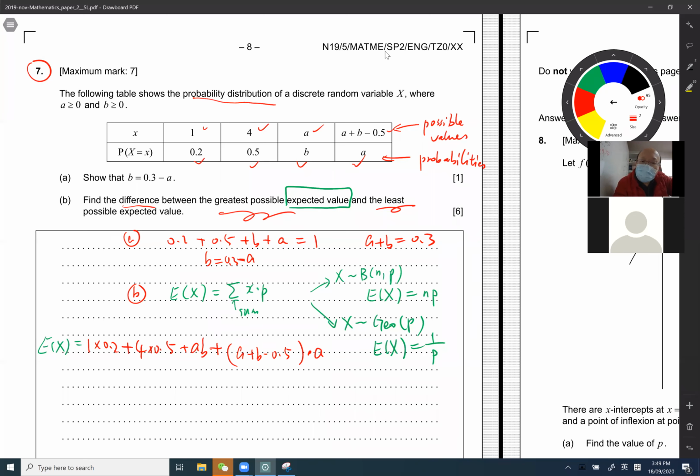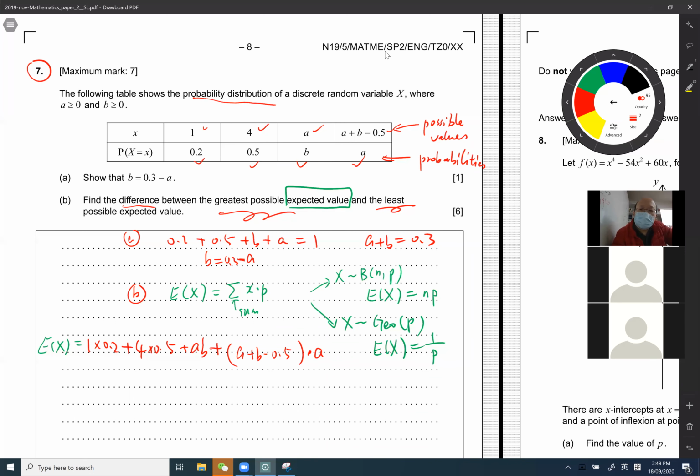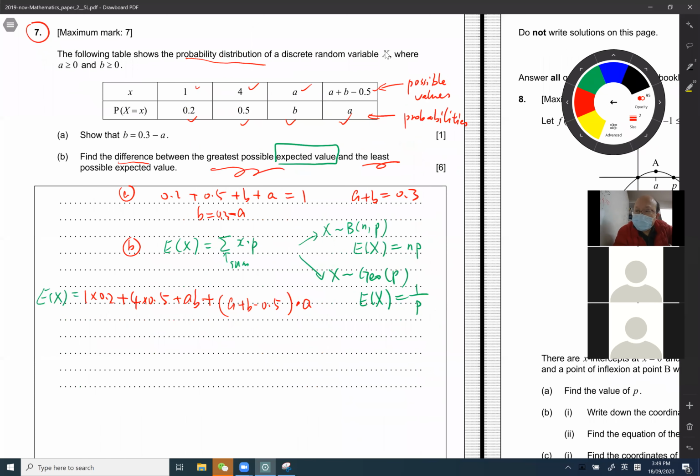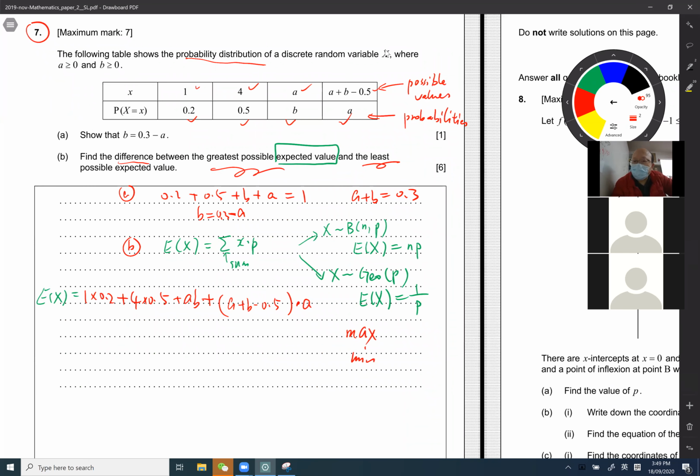For final revision, for maximum minimum type of question, we got 2 types of questions.